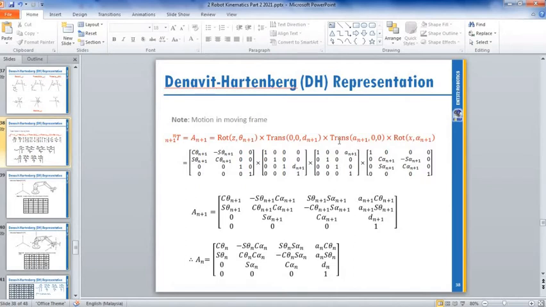Moving frame means you want to map the frame from position 1, position 2, position 3. You can calculate left to right or right to left, but you need to arrange your formula from left to right. After you multiply, you get this single matrix.